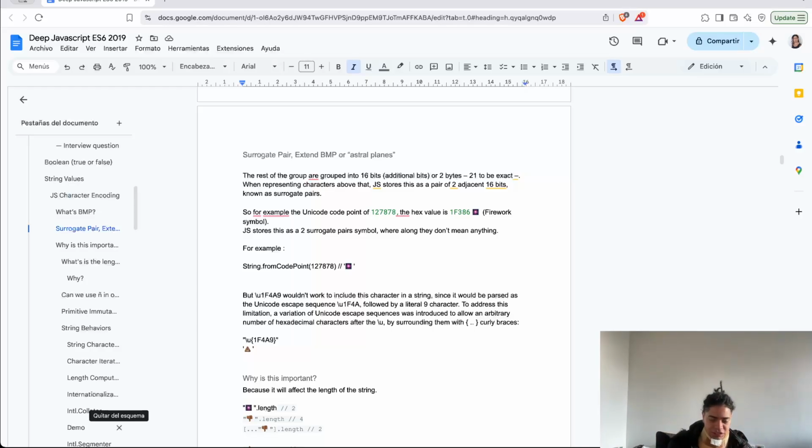In the case of Java, it uses UTF-16, this Unicode representation, in this format, that starts from 0 to 65,535, which is known as the basic multilingual plane.